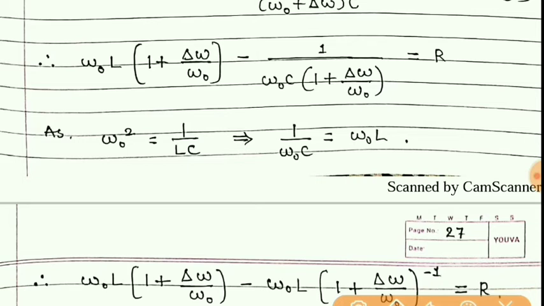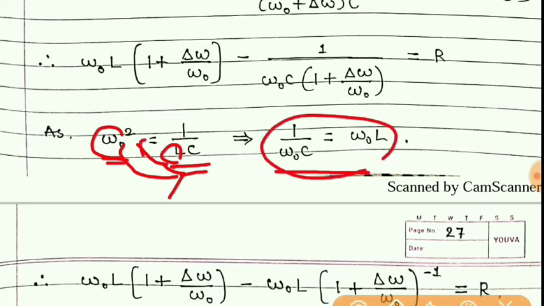Then next, we know that omega naught square is equal to 1 upon LC. And so we get this. Bring 1 omega naught towards right side and this L towards left side.